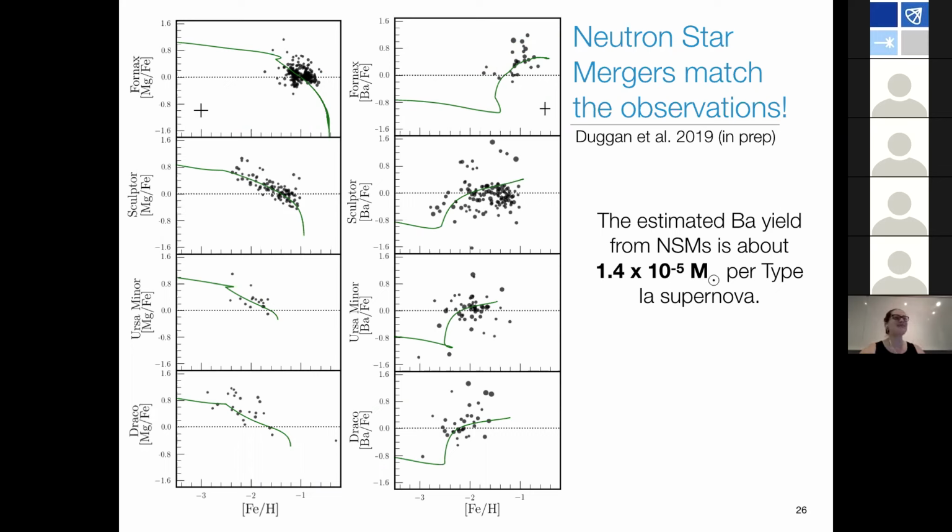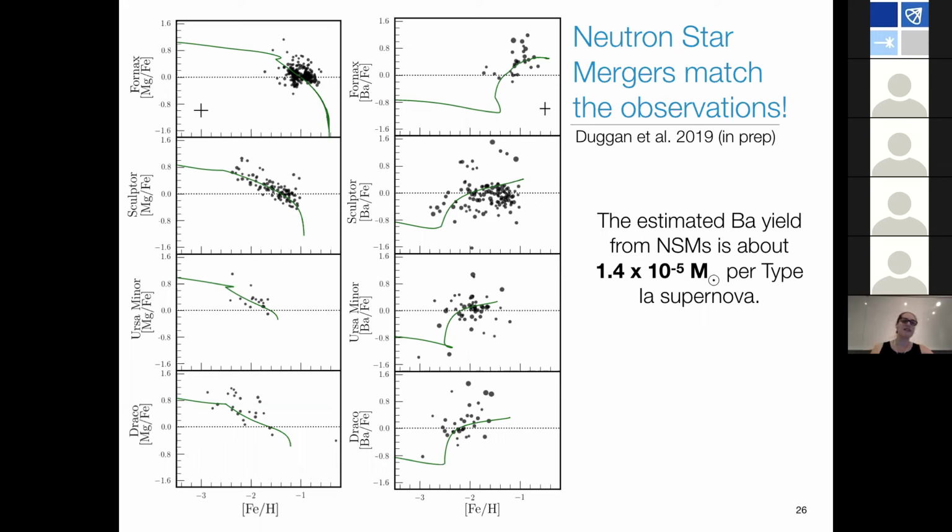As a preliminary step, I've modeled the delay time distribution of neutron star mergers to be the same as type 1a supernovae. In the future, I'm going to play with this delay time distribution a bit to see how strong an impact it has.